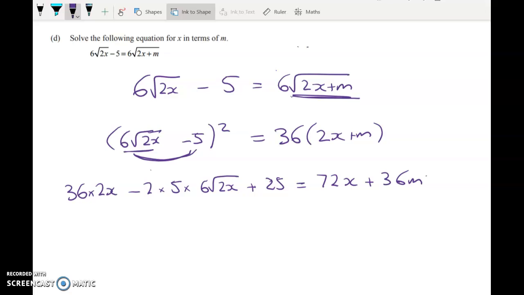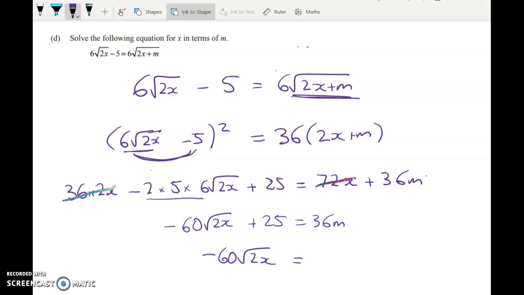So happily, a couple of things simplify away. This is 72x and this is 72x. That leaves me with negative 60 root 2x plus 25 is equal to 36m. Remember, my goal is to get x as the subject. So we're going to have negative 60 root 2x is equal to 36m minus 25.